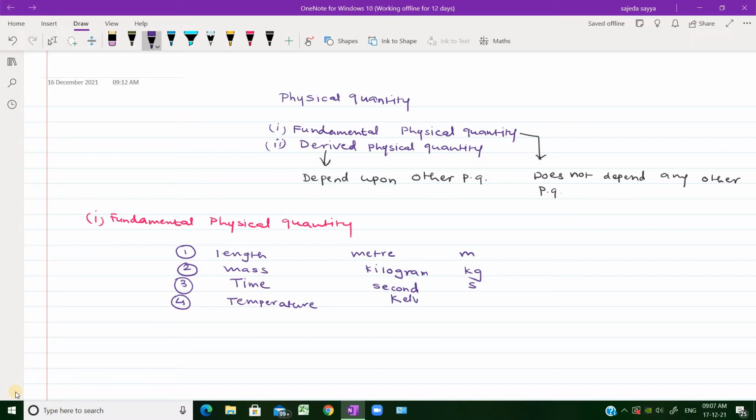It's a name of a scientist. Current, electric current. It is measured in ampere. This is also the name of a scientist.